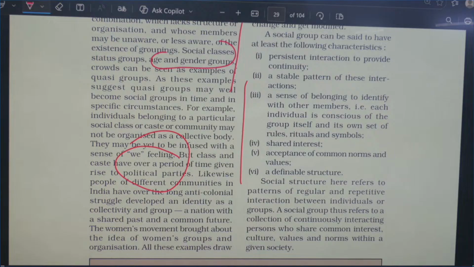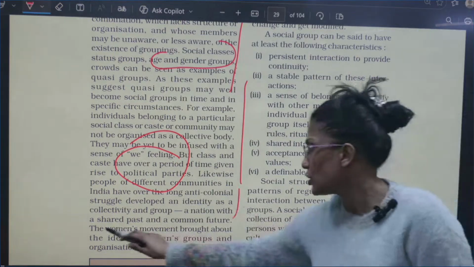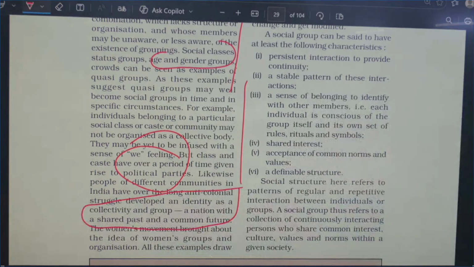They may be yet to be infused with a sense of we-feeling. But class and caste have over a period of time given rise to political parties. Likewise, people of different communities in India have, over the long anti-colonial struggle, developed an identity as a collectivity and group, a nation, with a shared past and common future.